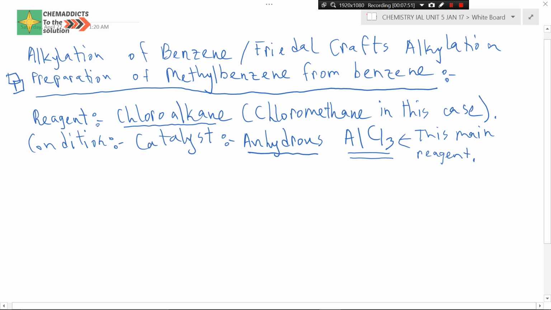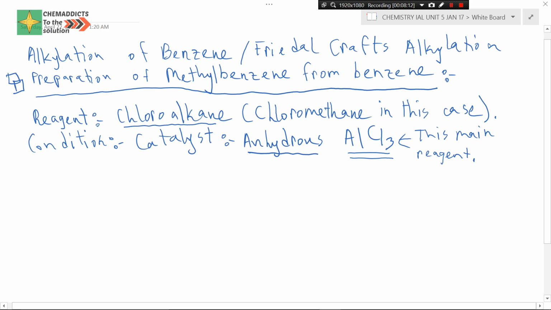Now we are going to discuss the mechanism and type of reaction. Since we are generating an electrophile over here, later we are going to discuss how to generate an electrophile.